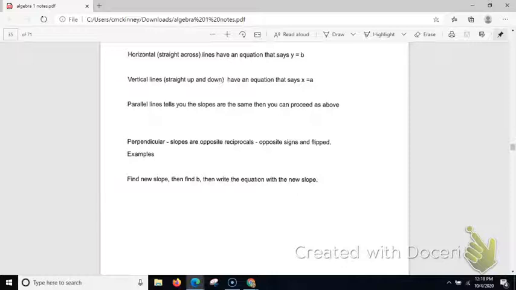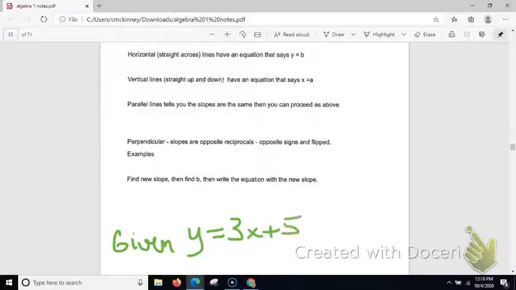So if I'm given that this line is 3x plus 5, and they ask me for the slope of a perpendicular line. By the way, this little symbol means perpendicular. These 2 L's next to each other mean parallel. So the slope of a perpendicular line, I take this 3, make it the opposite sign, and flip it.